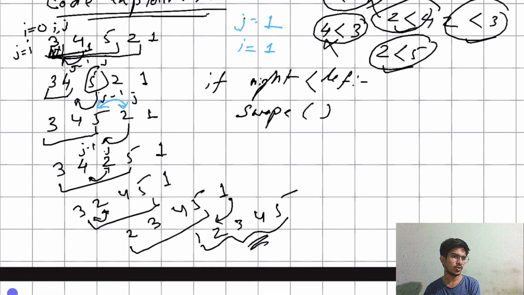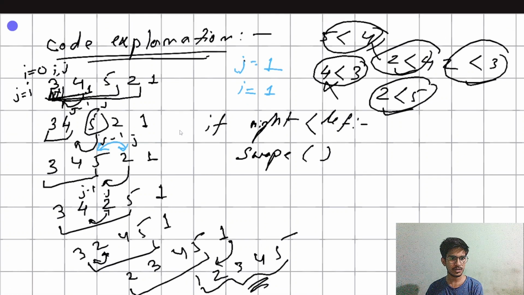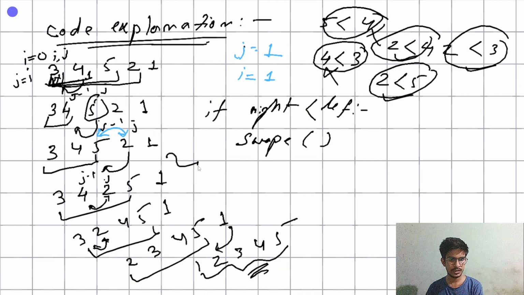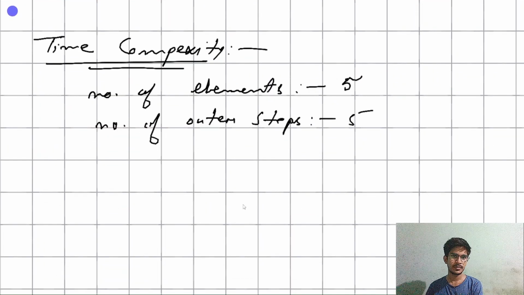Actually it's 5 because here is 1, 2, 3, 4, and this one is 5. One is one outer step. So it basically has 5 outer steps.